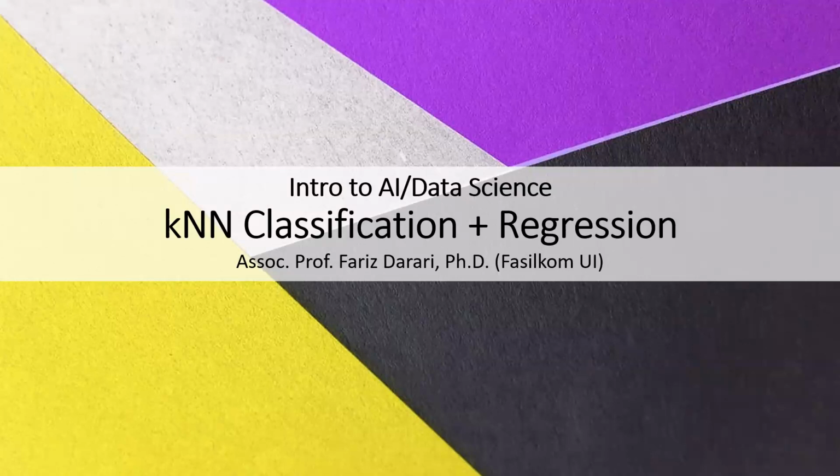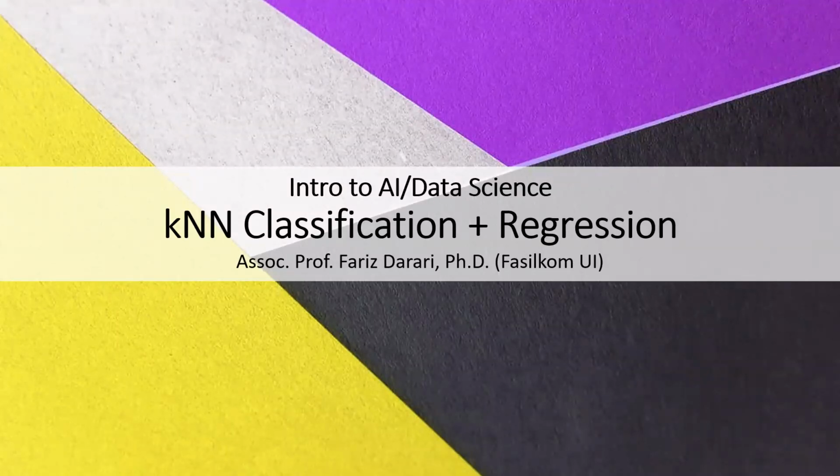The output label for classification is categorical, and that's what makes it different from regression, because for regression the output label is numerical. But both classification and regression are supervised learning, because the learning process learns from the pairs of input features and output labels.